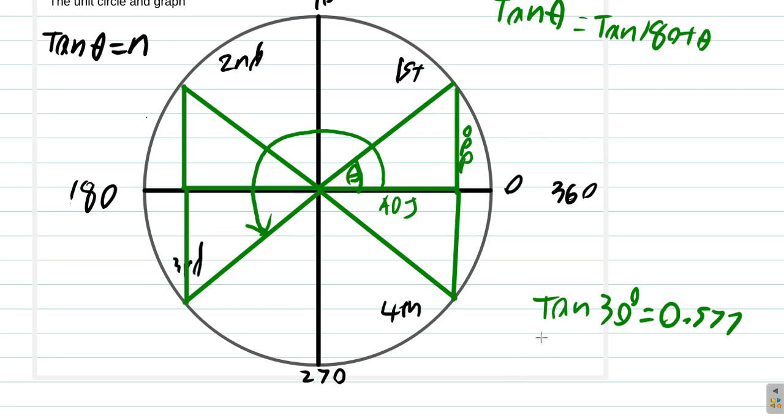Let us now try it. Tan of 180 minus 30. Because remember, we're going 180, then we're backing off 30. So we come to this angle. 180 minus 30 is what? 150. Which is tan of 150.